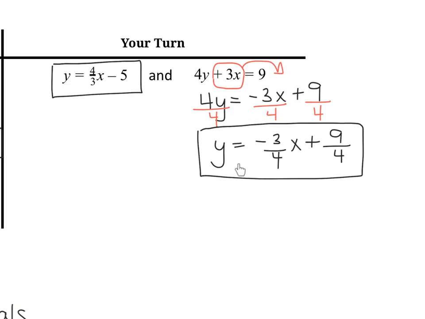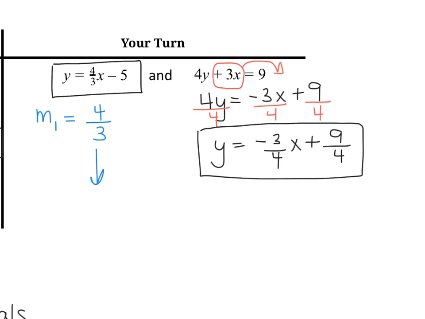So now we've got our two equations in the correct format, so I'm ready to go ahead and compare the slopes. So in my first equation, I noticed that the slope is 4 over 3. So I went ahead and wrote that out. Now, the next thing I want to do is figure out what is the negative reciprocal of that slope. So I'm going to have to first start by flipping it over.